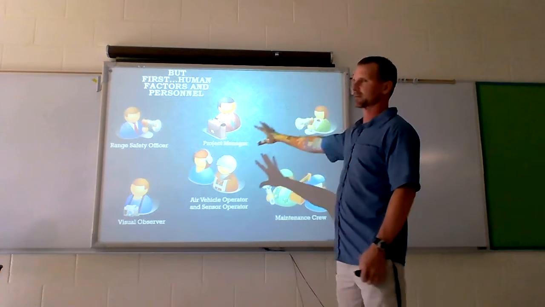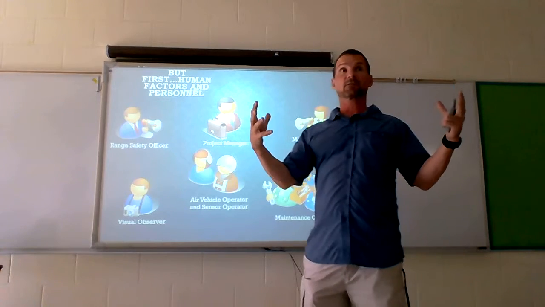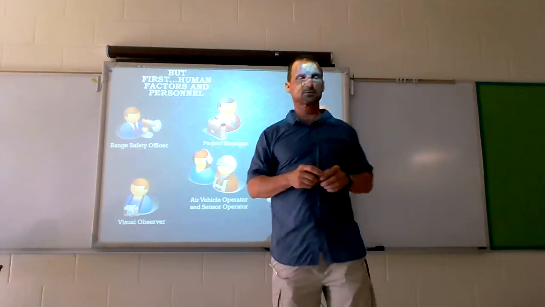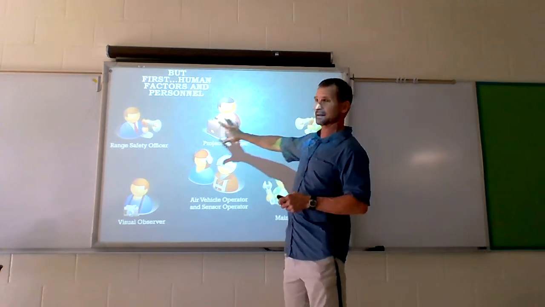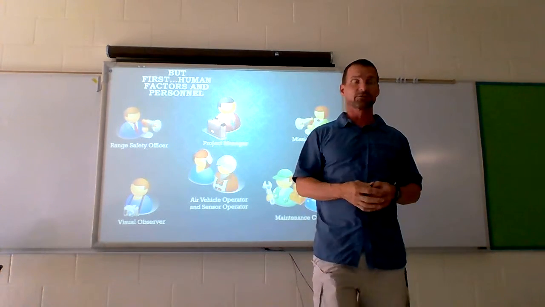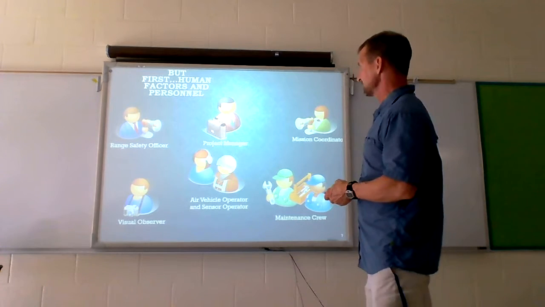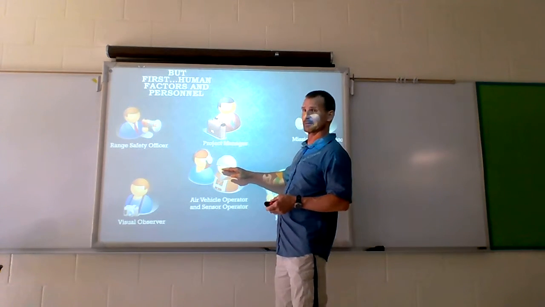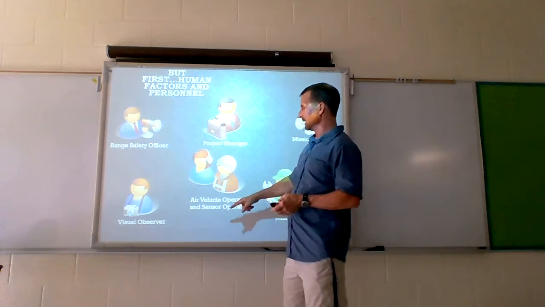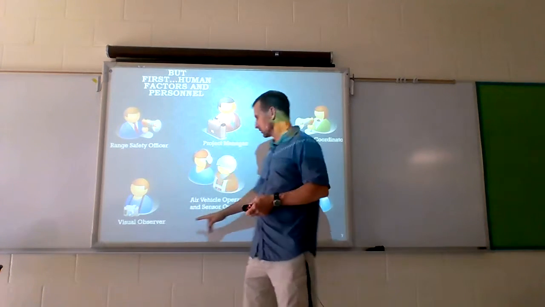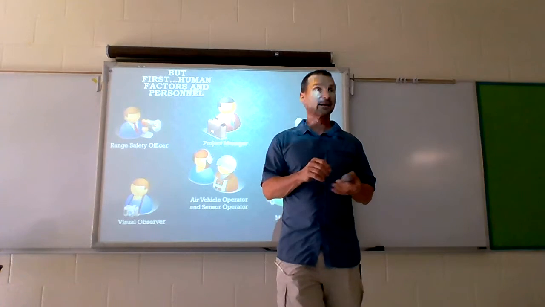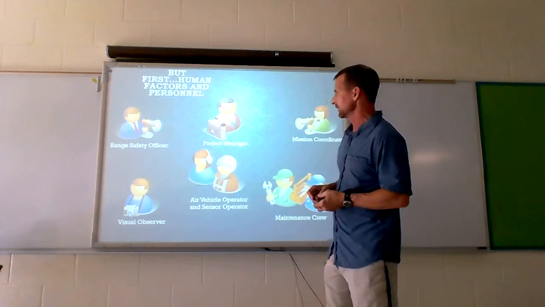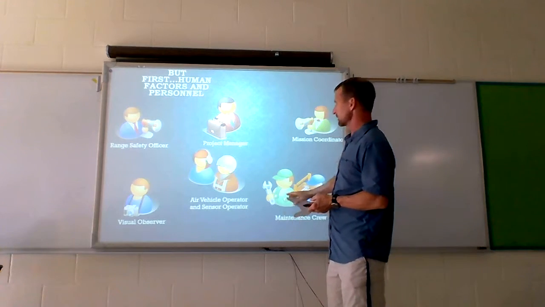Now, some of those will be involved in more of the large aircraft systems, but in some of your experimental unmanned aircraft systems, you could involve these kinds of people as well, especially in the initial stages. But specifically on every mission, you're going to have an air vehicle operator, at the very minimum, and usually a visual observer as well. You could have a sensor operator working the camera or whatever sensor you have on board, as well as a maintenance crew.